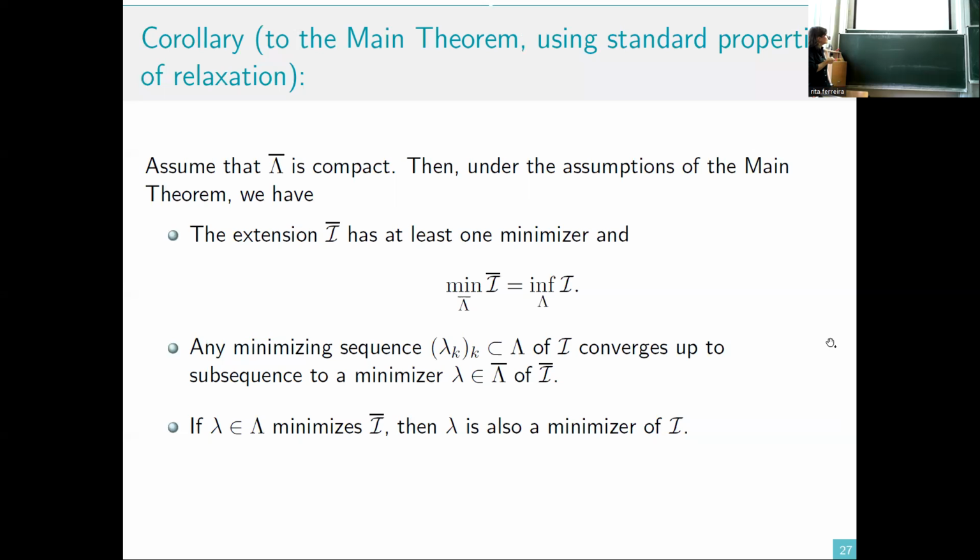Any minimizing sequence for the original cost functional will converge to a minimizer of the extended one. And of course, if you happen to know that the minimizer, so the optimal parameter, lives in the original lambda, then it is a minimizer for the original one, and you retrieve an optimal parameter for the problem you started with.